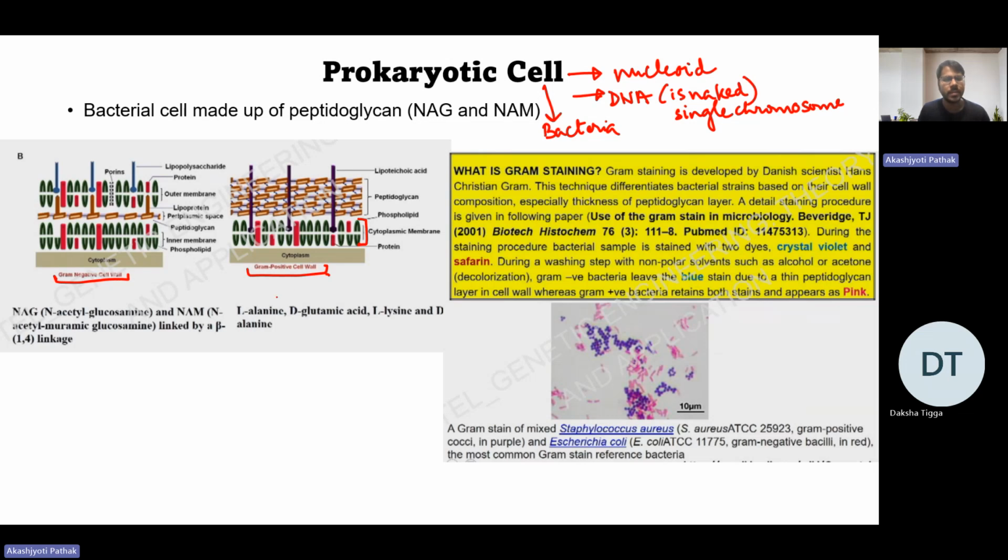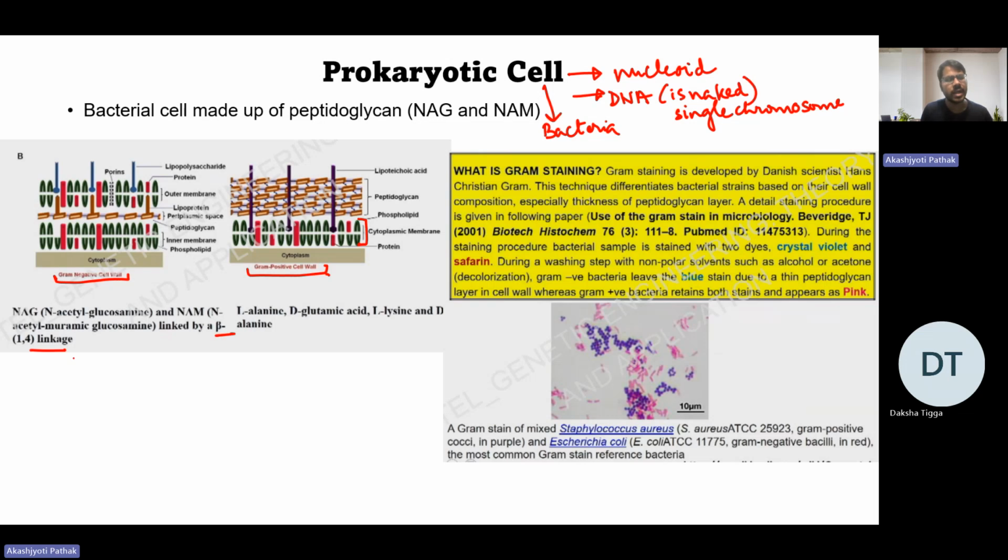Okay, so these are the main points, and the peptidoglycan layer is actually a polysaccharide. It is a heteropolysaccharide which is composed of the repeating units of N-acetylglucosamine and N-acetylmuramic acid. Okay, NAG and NAM units, alternating NAG and NAM units, and these are basically sugar moieties. They are linked by the beta-1,4 glycosidic linkage.